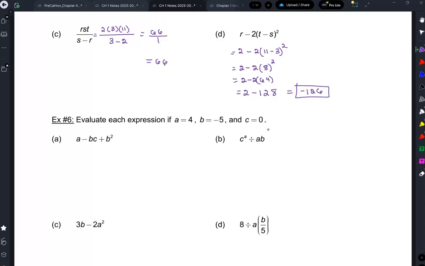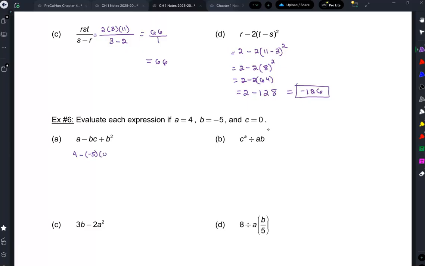All right, so now we got A minus. Okay, so look at this one. I have A is 4 minus B is negative 5. Whenever you have a negative number, you have to put it in parentheses. Right? So negative 5. Oh yeah, because you can't start off with like minus, right?